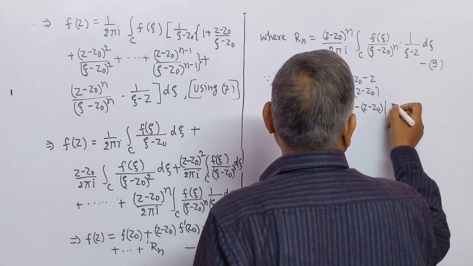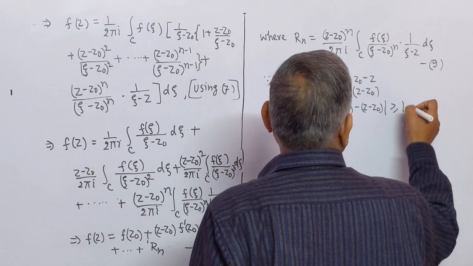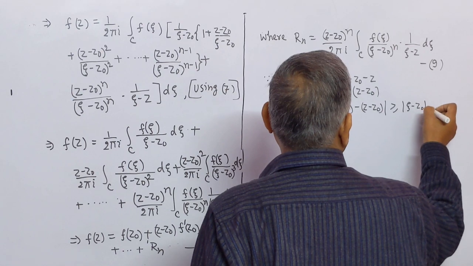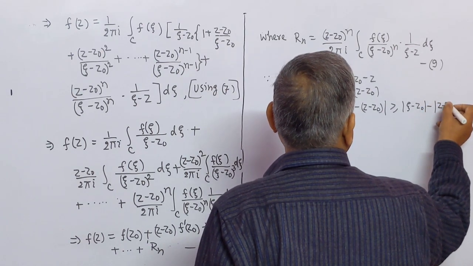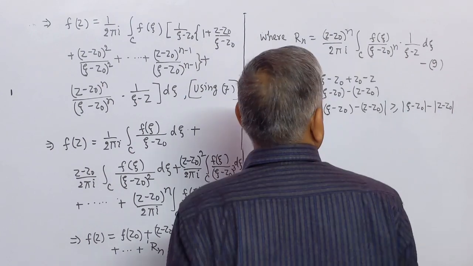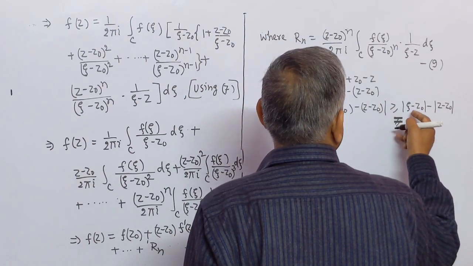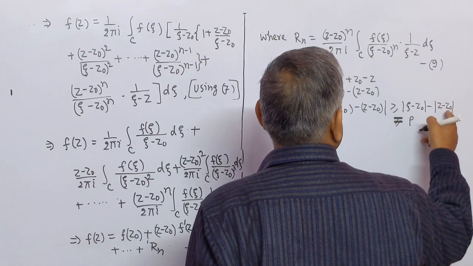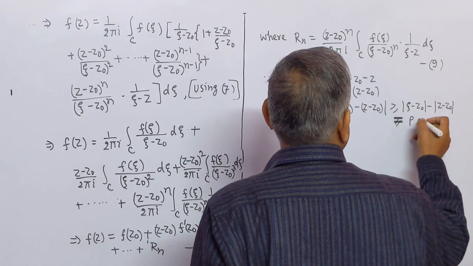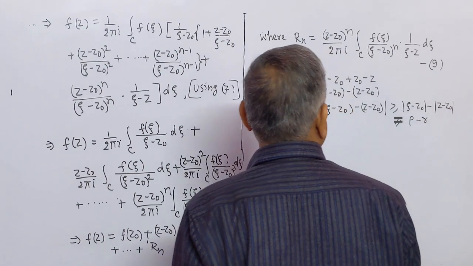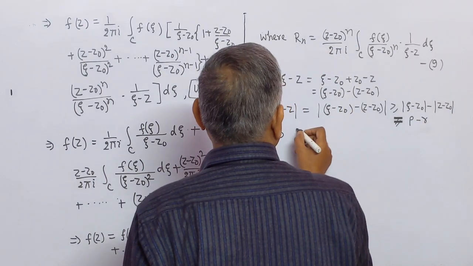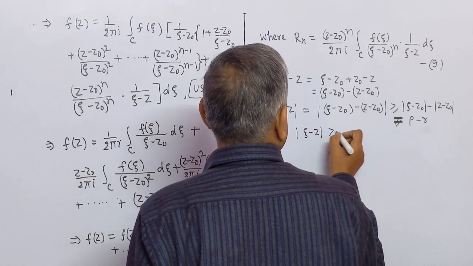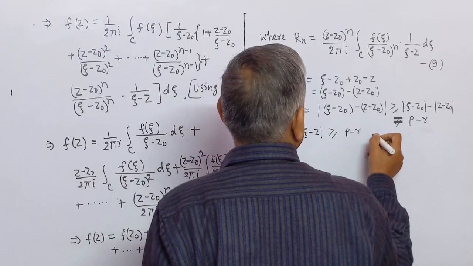This is greater than or equal to the modulus of ξ − z₀ minus the modulus of z − z₀, where |ξ − z₀| is ρ and |z − z₀| is r. This implies that the modulus of ξ − z is greater than or equal to ρ − r. This is number 10.